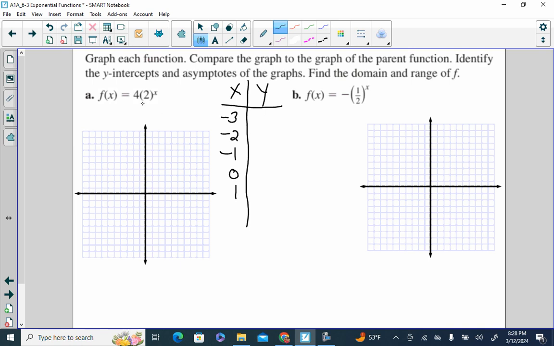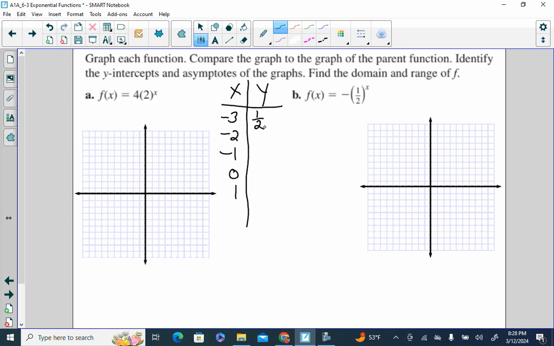What is 2 to the -3? 2 to the -3 is the same as 1 over 2 to the third. 1 over 2 to the third is 1 over 8. 4 times 1 over 8 is going to give you 4 over 8. 4 over 8 simplifies to 1/2. Yes, you are going to have to do all of that math either mentally or write it out on paper.